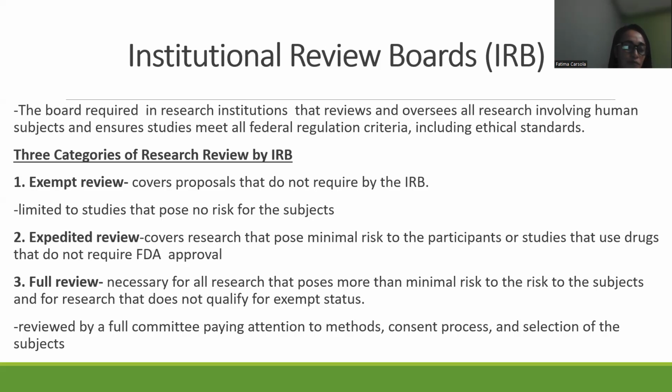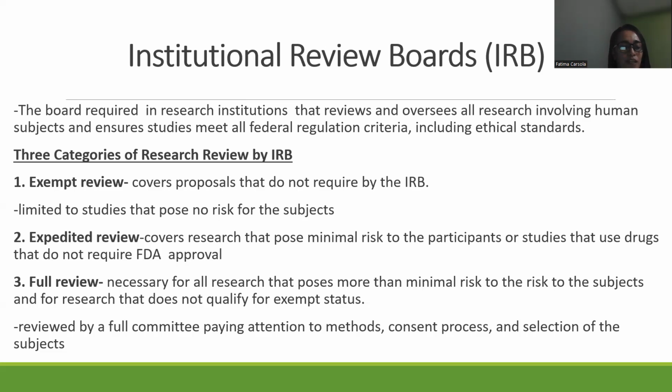to be approved, because the roots of IRBs could be traced to the National Commission for Protection of Human Subjects of Biomedical and Behavioral Research. Even in the US, they have the IRB. So we have here the three categories. The exempt review covers proposals that do not require review by the IRB.